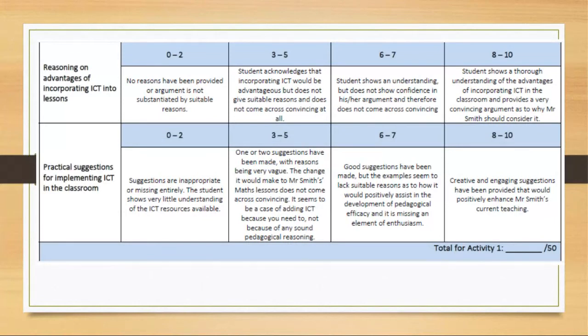Then if you have provided practical suggestions for implementing ICT in the classroom by creative and engaging suggestions, you would also earn 8 to 10 marks. So give practical suggestions, be enthusiastic, show your enthusiasm, and give reasons why it would positively enhance his teaching.